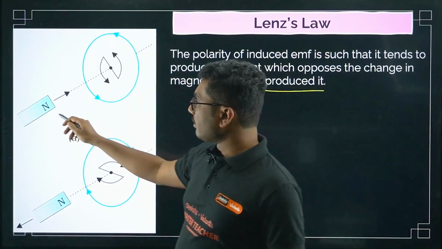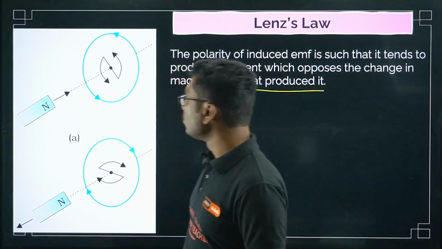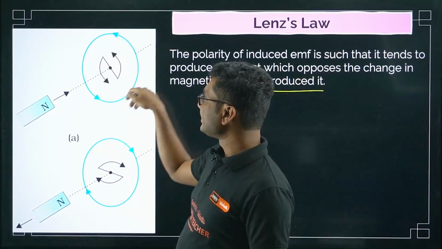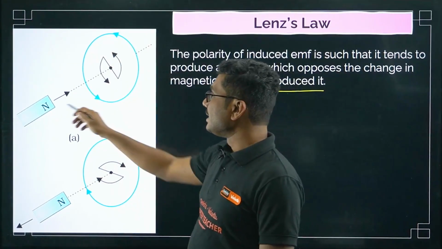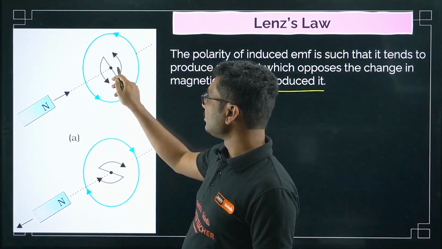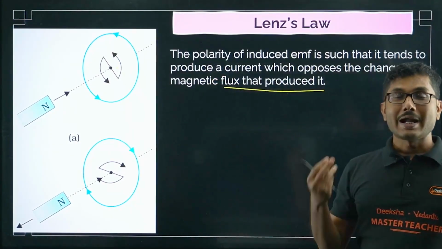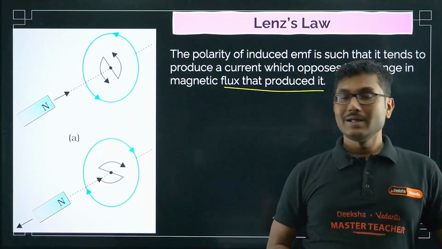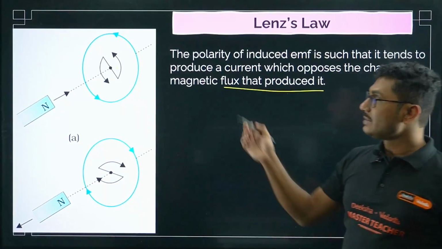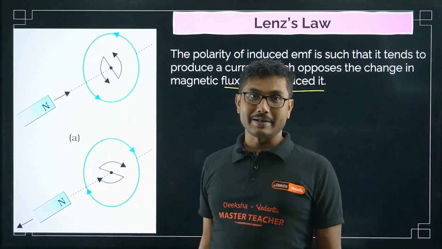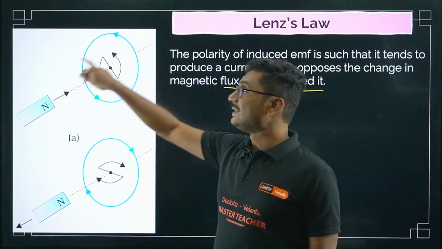If you move the north pole of the magnet towards the coil, the coil will adjust its current accordingly. If there is a coil carrying current, we know there is a magnetic field, right? That magnetic field is called the induced magnetic field. This is the naturally occurring magnetic field, the primary source. This is the secondary source.